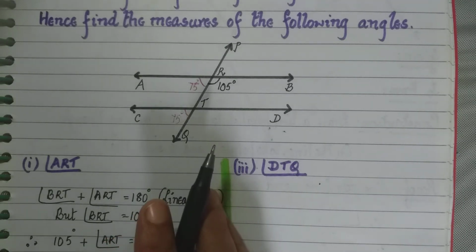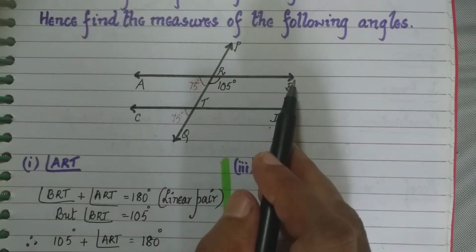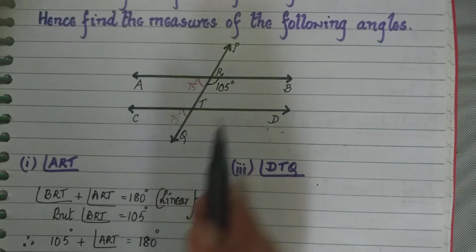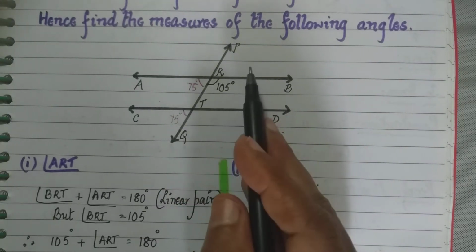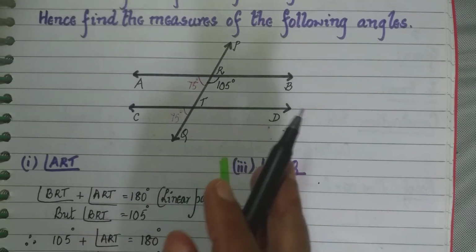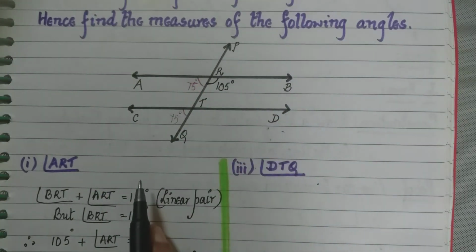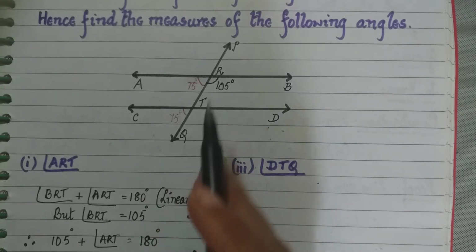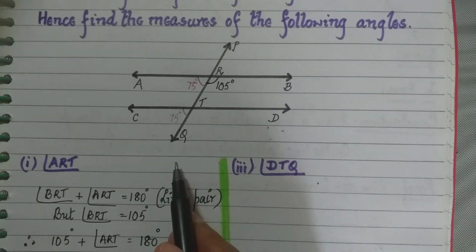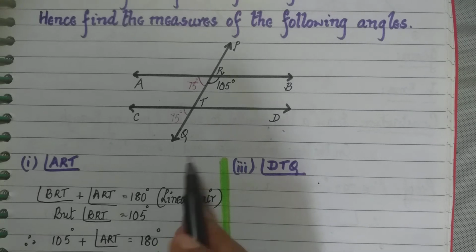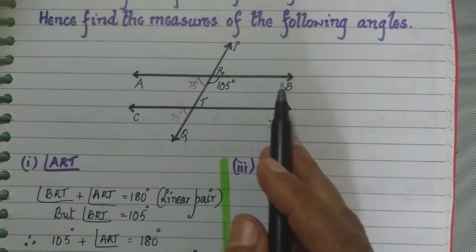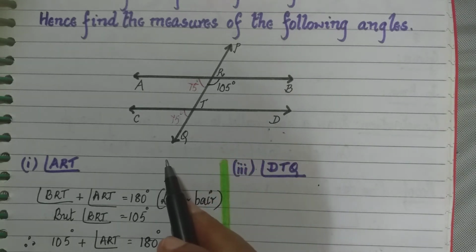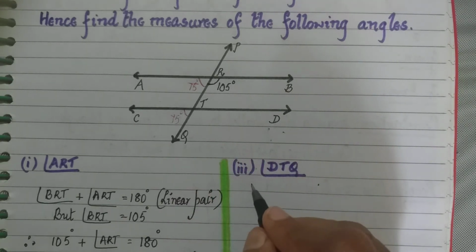Or we can also say that angle BRT and angle DTQ, both these angles are on the right hand side of the transversal PQ and they are below the parallel lines. So they form a pair of corresponding angles. So I will say angle BRT is equal to angle DTQ.